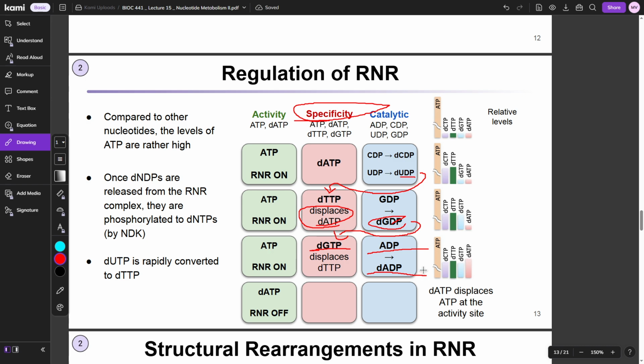And then that gets phosphorylated by NDK, nucleotide diphosphate kinase, and binds to the activity site and turns it off. So these all make DP forms, right? So if you look at this, we've got a DP, a DP, another DP. Those DPs can all be phosphorylated by NDK to make the triphosphate form. So we can go from dGDP to dGTP or dADP to dATP pretty quickly.